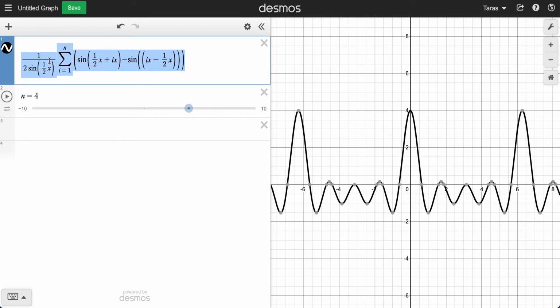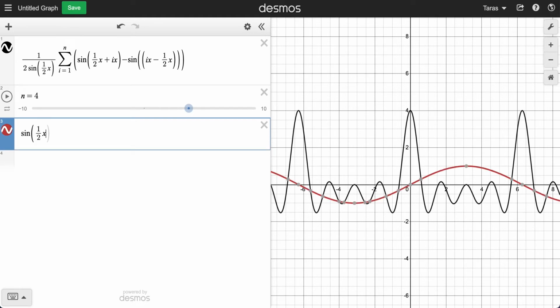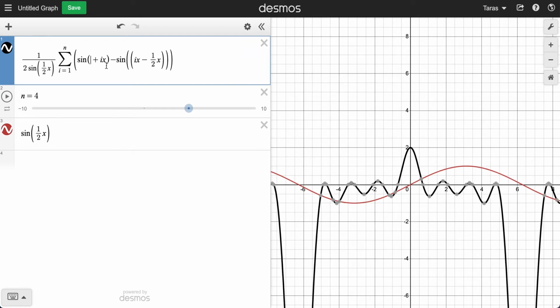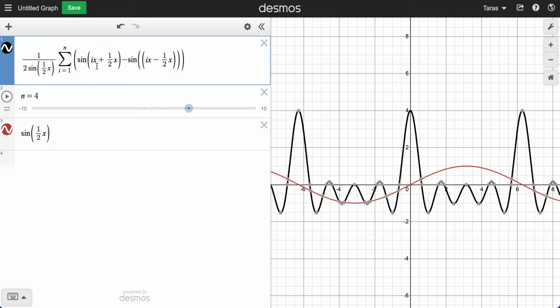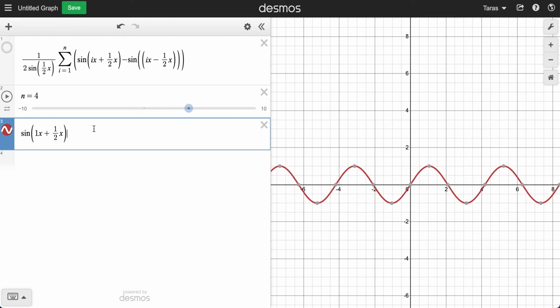Alright, now let's take this sum and expand it term by term. Let's write out the terms of the sum explicitly. Sine of 1/2 x. Let's just change the order here also for convenience. Sine of 1, this is the first term, x, plus minus sine of 1 x minus 1/2 x.